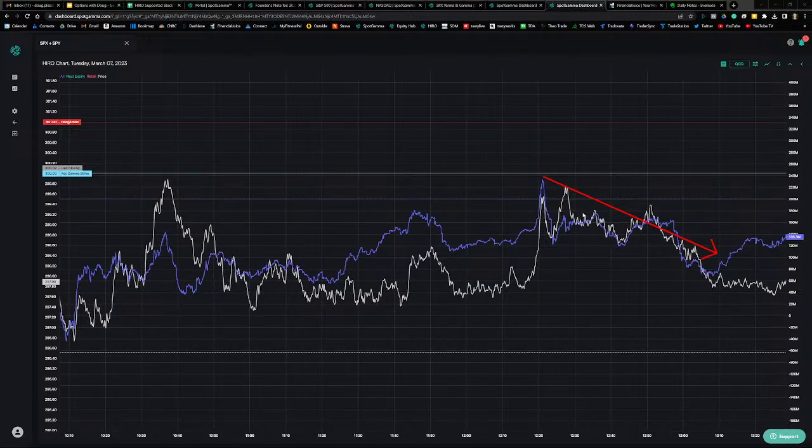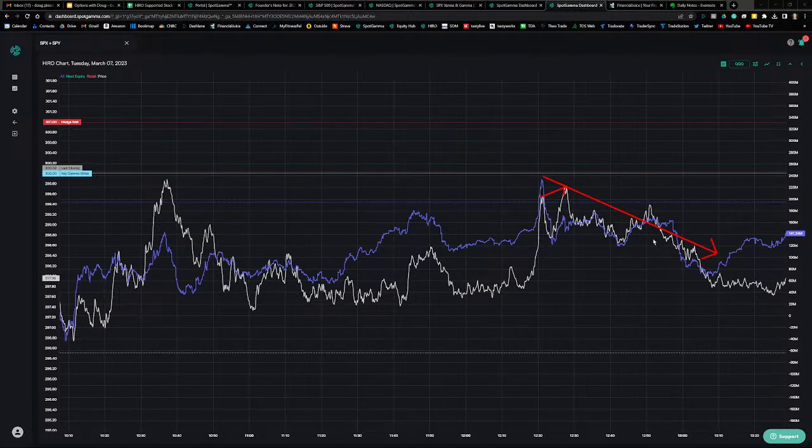Hero reverses lower. Price actually makes a slightly higher high and then reverses lower right before 1230 as Hero makes a lower high.